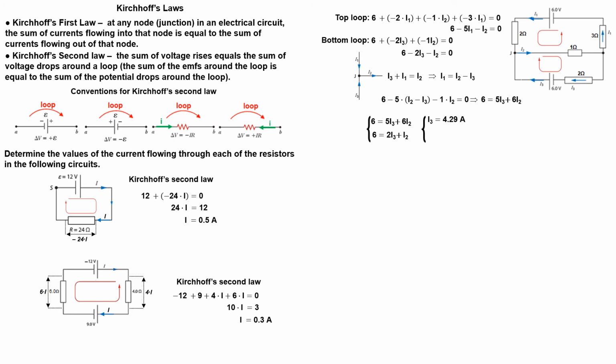The positive answer we obtained for the current 3 means that our choice of direction for that current is correct. However, the negative answers for the current 2 and current 1 indicate that our choices for those currents are wrong. Nonetheless, the magnitudes are correct.